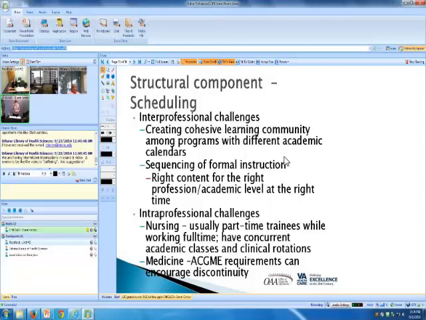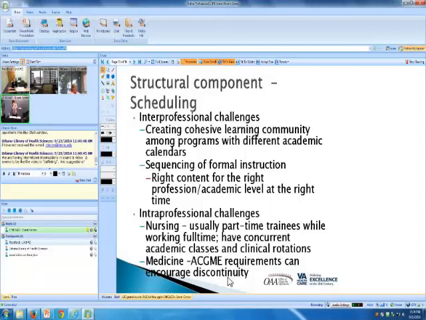Certainly there are intraprofessional challenges for nursing, the NP students, in that most of them are part-time trainees, whereas all the others are full-time trainees. They may be working full-time, going to school part-time, and they have these concurrent classes and clinical rotations.